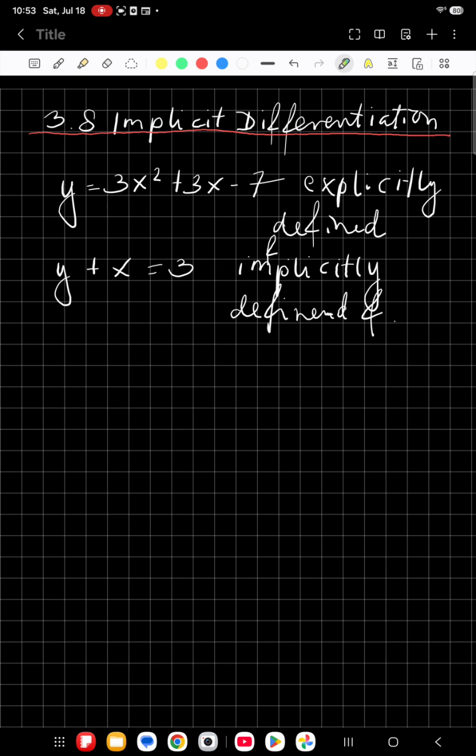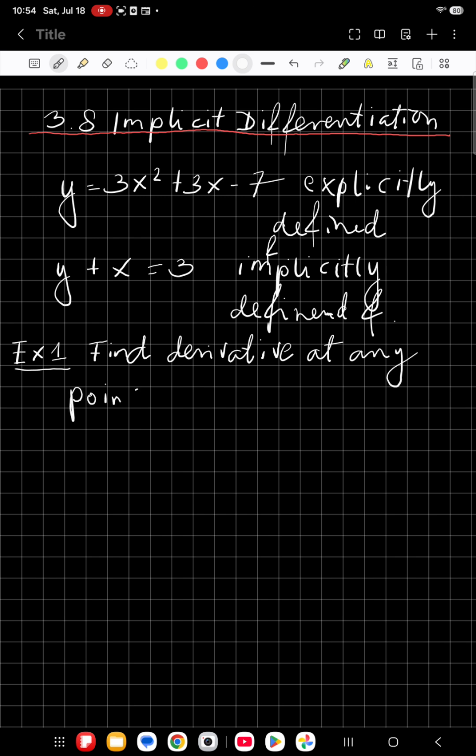Before that, let's look at example 1, and that's something that we've done before. Find the derivative at any point on a circle.